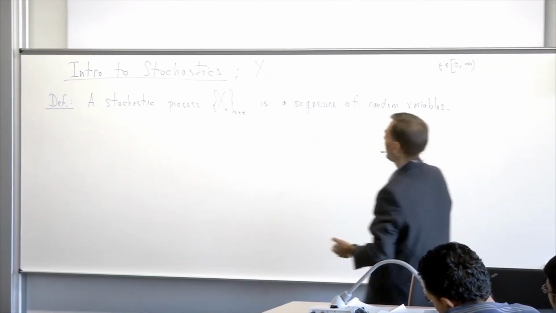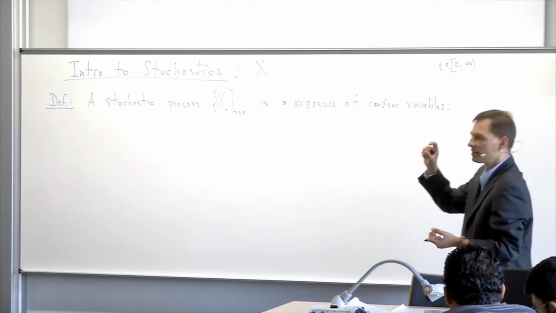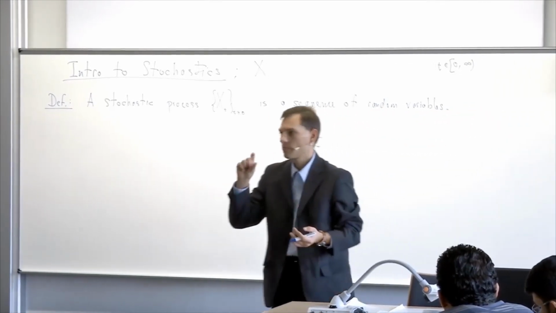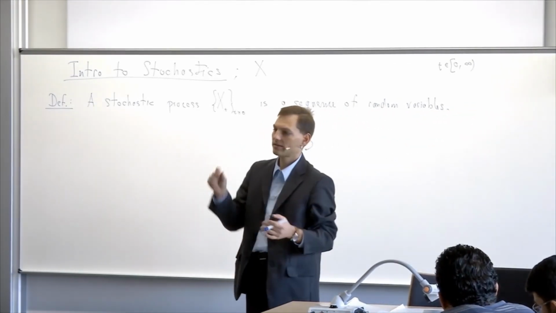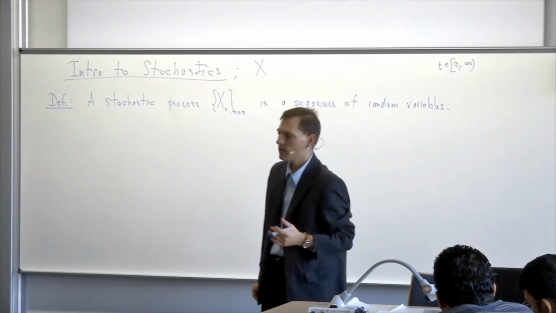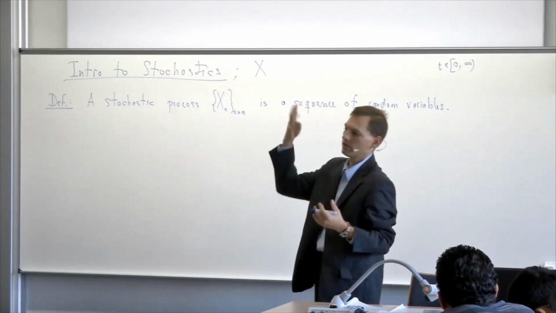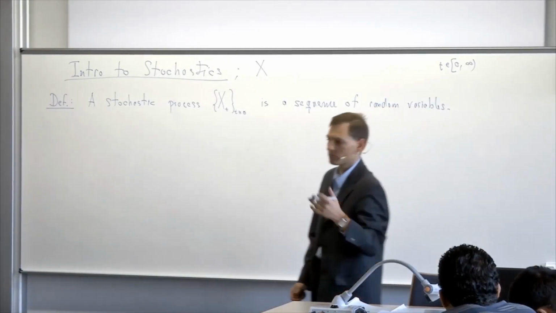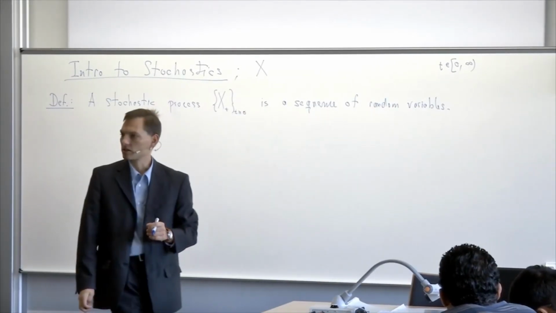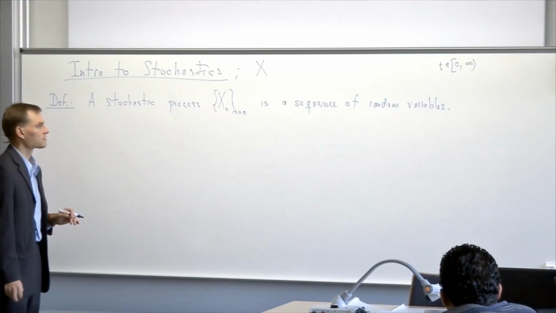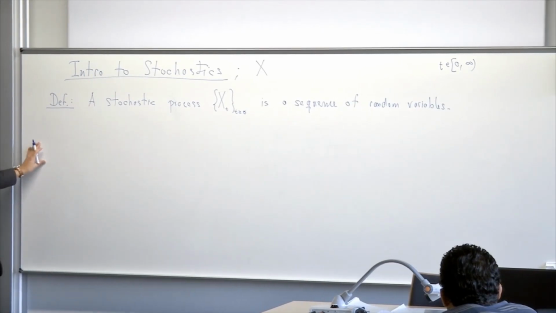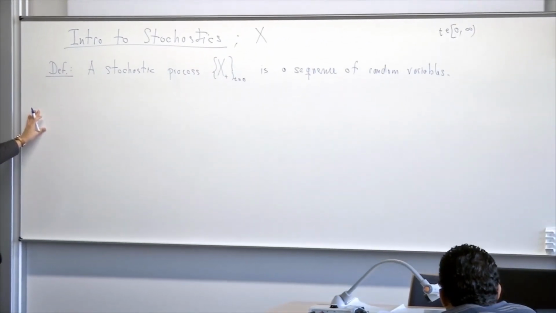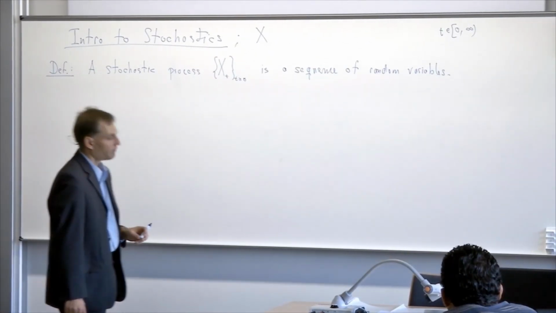So t is time. The small t, as I already mentioned in one of my first classes, is always the time today somehow, and capital T would be the time at the end. If I distinguish, I will always say this, but that's a convention you can always use in this class. Okay, so a stochastic process X_t is a sequence of random variables.